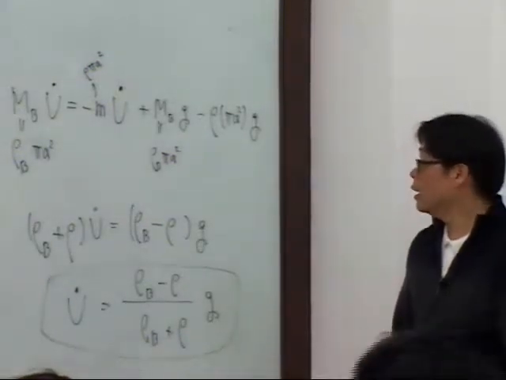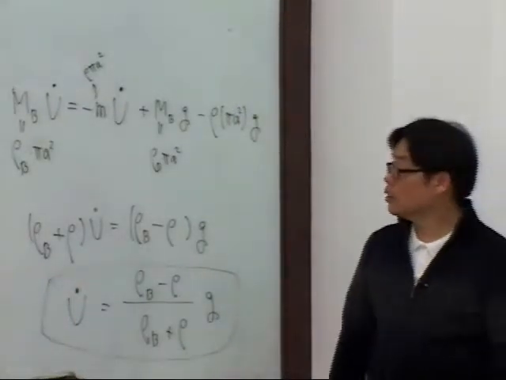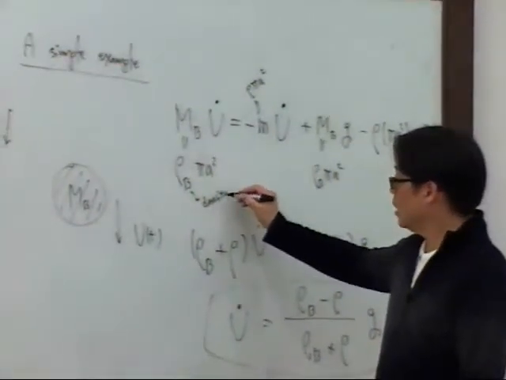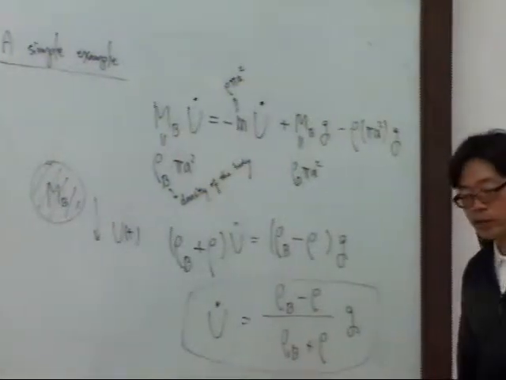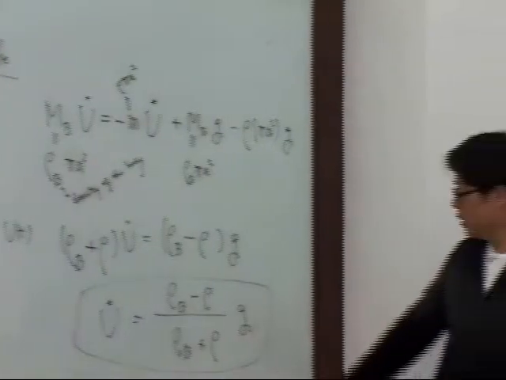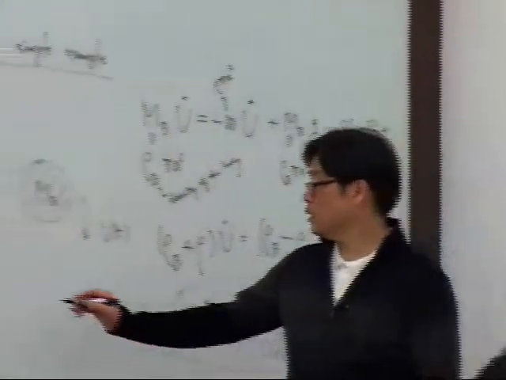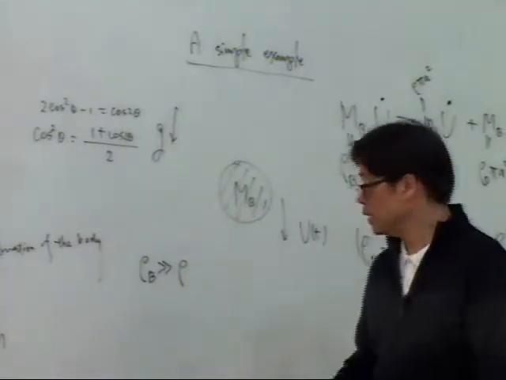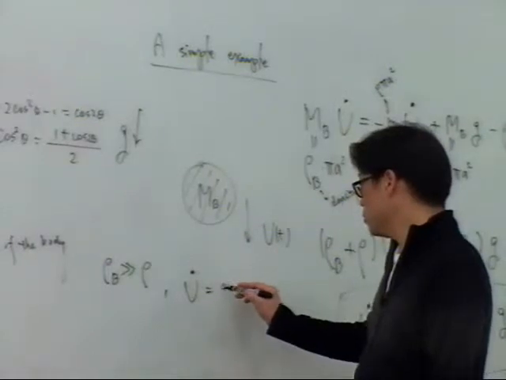Okay. So if rho b is much greater than rho, where rho b again is the density of the body, in other words, the body is much heavier than the fluid, then u dot has to be g.